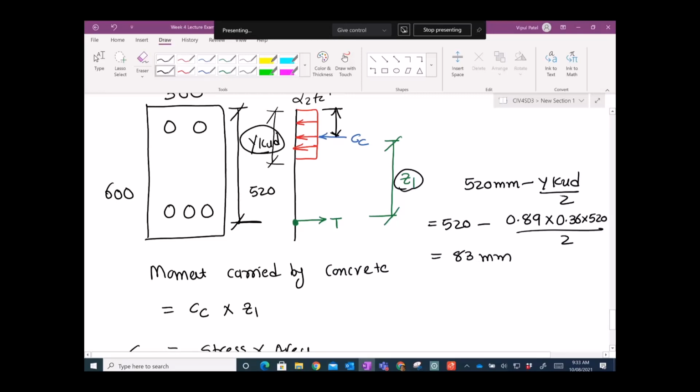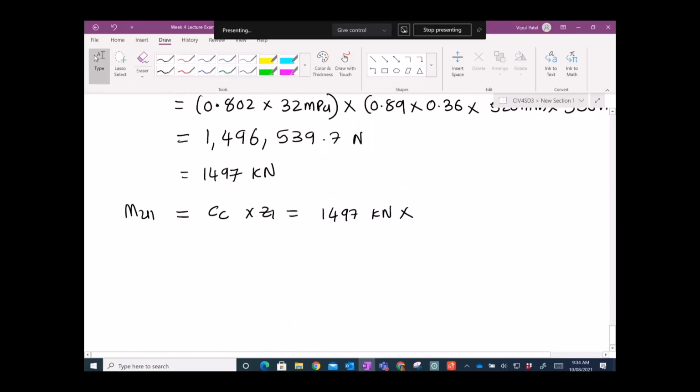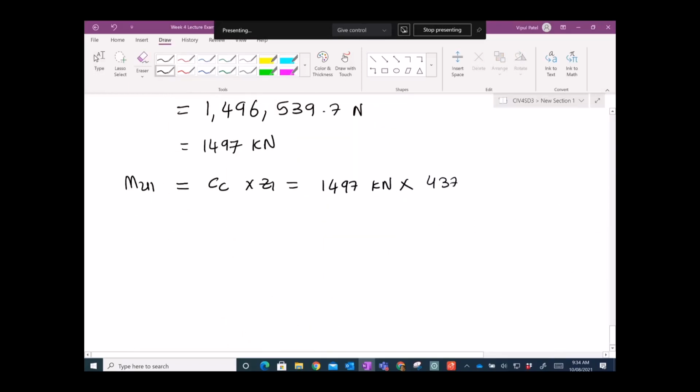So 520 take away 83 gives 437 millimeters. Now plug that 437 millimeters, divided by 1000 to get meters, so 1497 times 437 divided by 1000, you get 654 kilonewton meters.